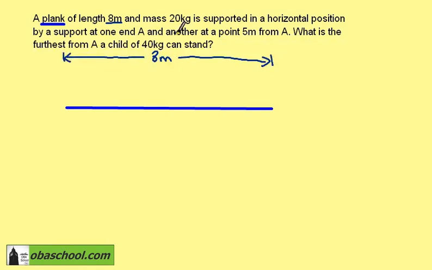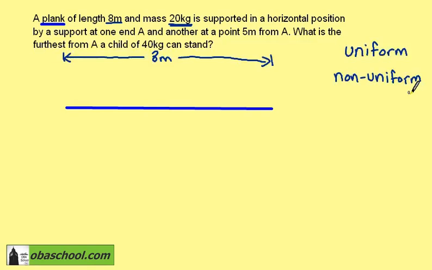We know the mass is 20 kilograms, but we don't know where it acts. Remember, the rod can either be uniform, which means the weight would act at the center, or non-uniform, in which case it may act at some other point, and in some questions we may be asked to find this point.